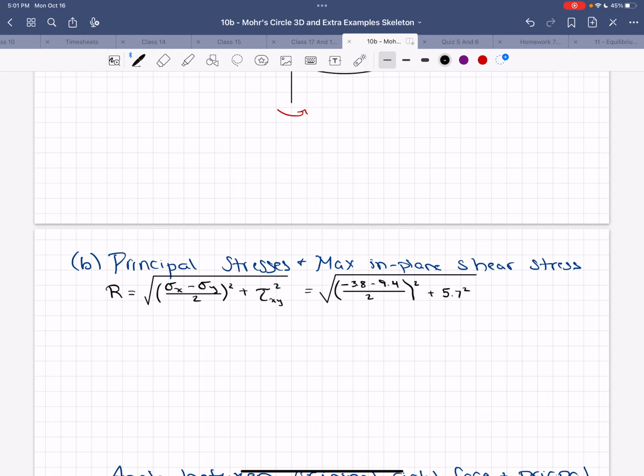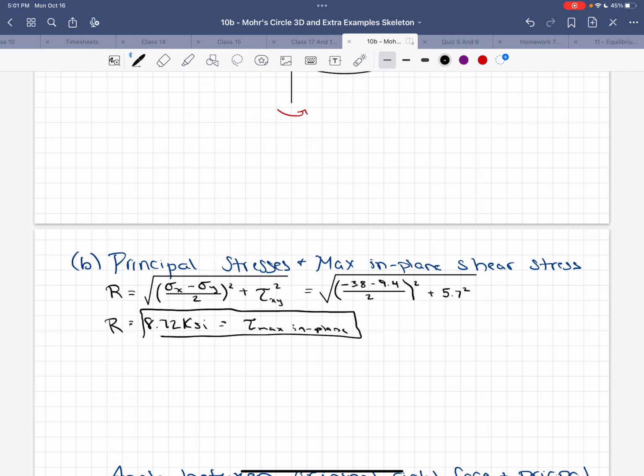So our radius equals 8.72 KSI, and that also equals our shear max in plane. So we have another answer done.